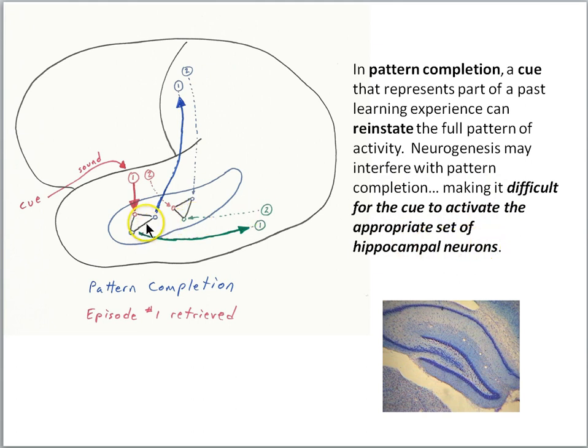After all, if we have new neurons being born and then taking their positions in the neural circuits in the hippocampus, we may be disrupting this pattern, this memory trace, so that then when the cue comes, the cue can no longer effectively or efficiently reactivate that set of cells. So neurogenesis may be physically interfering with memory traces in the hippocampus, making it difficult for cues to reactivate the pattern of cell activity that was present during the learning episode.